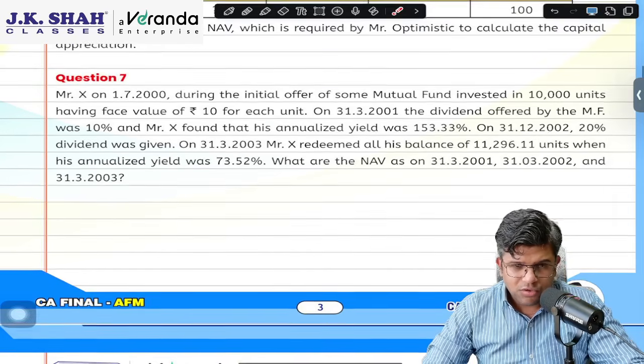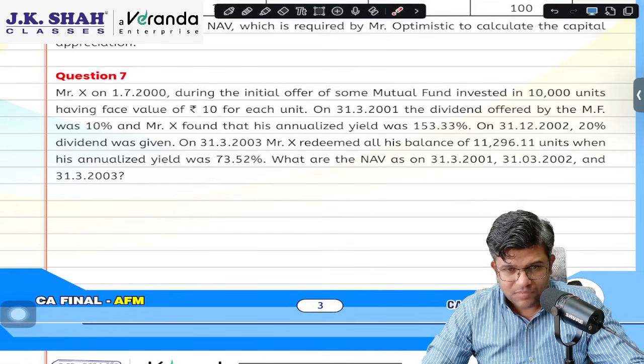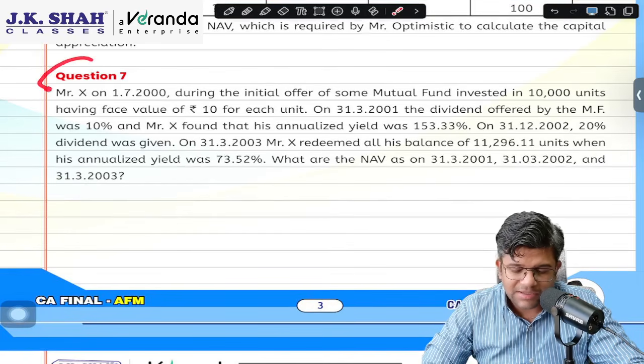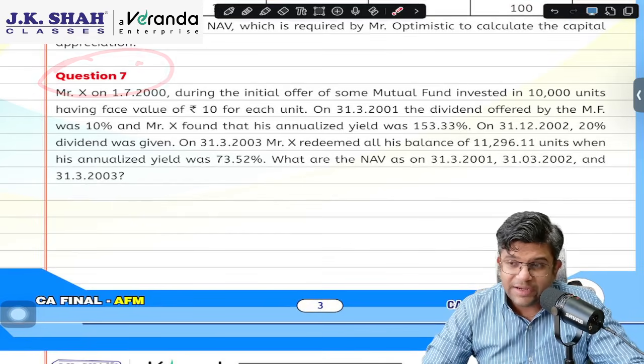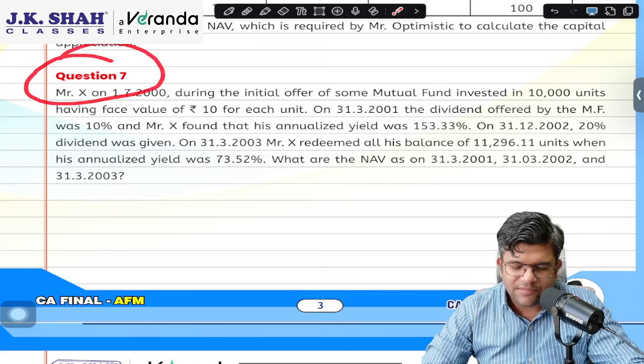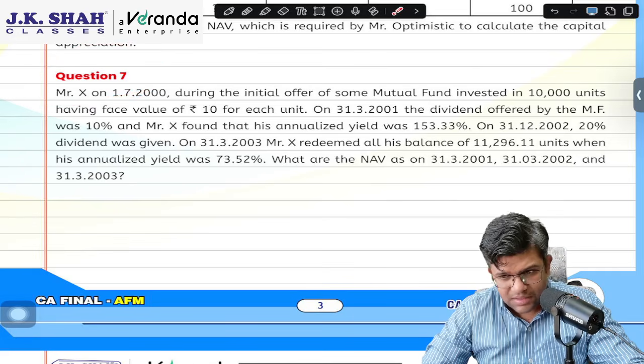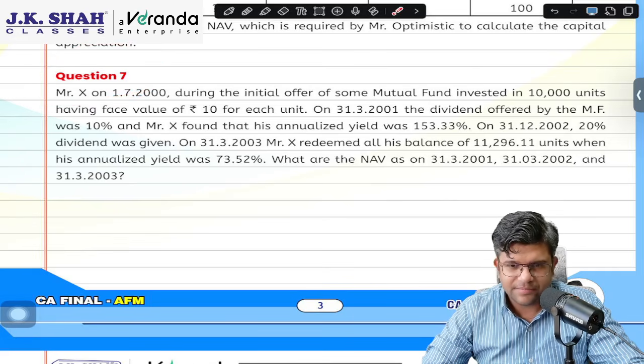So now we pick up a question which is really frequently asked by ICEI, and it is very tricky also. I would request everyone to be very careful reading question number 7. Please read, everyone.